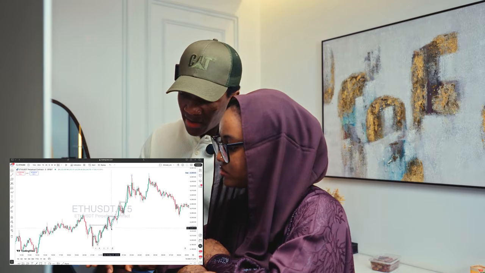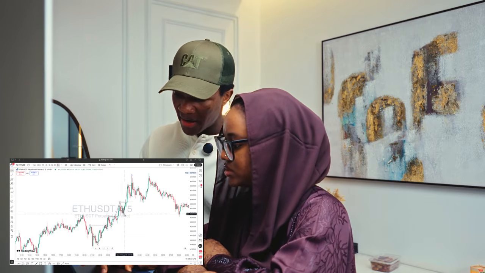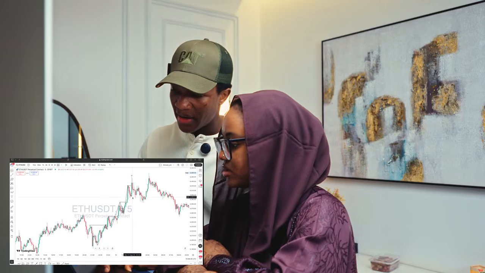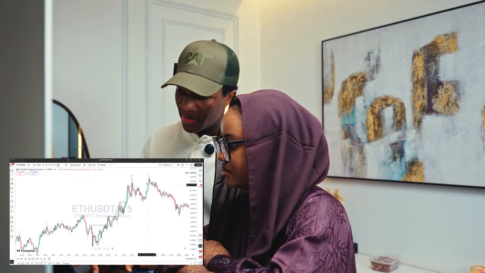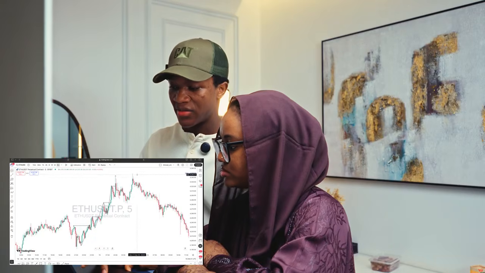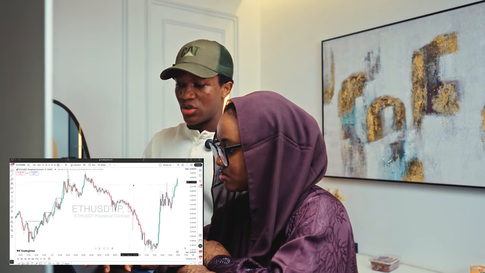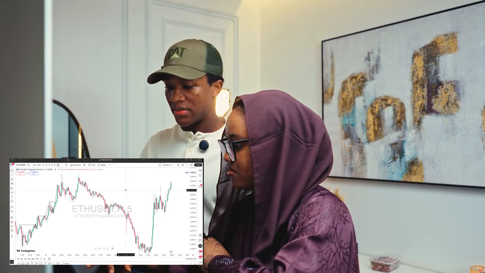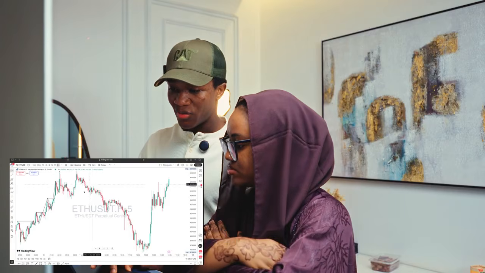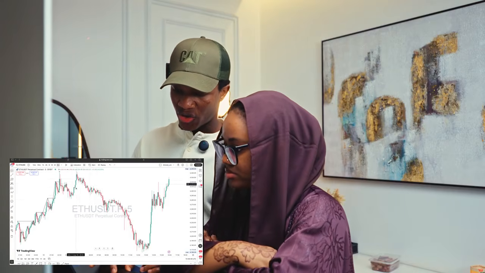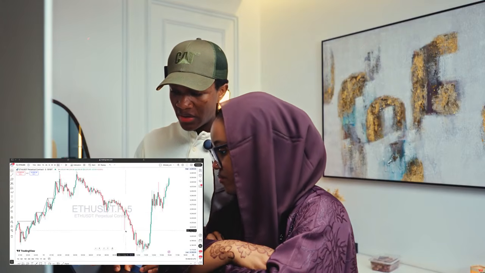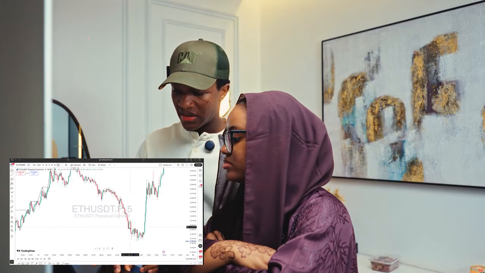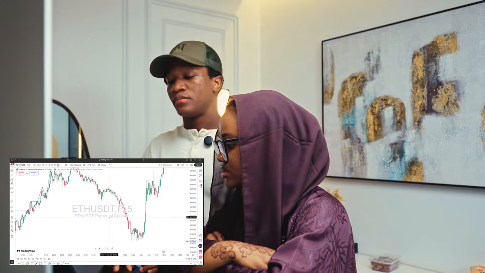Higher high, higher low. Higher high, higher low. Higher high, higher low, and then higher high. Then there's a higher low, then there's this last high that market creates before it starts dumping. Good and fine. Yeah, dumping. Now there's not much structure here. There's this low, then there's this low, then there's this low, then there's another low here, right? Yes.